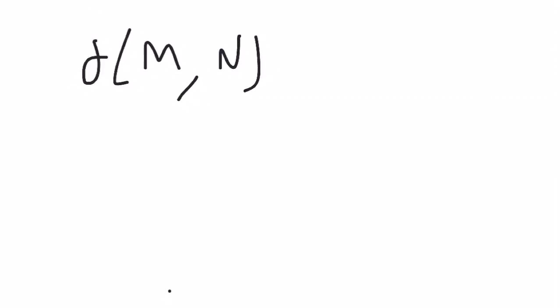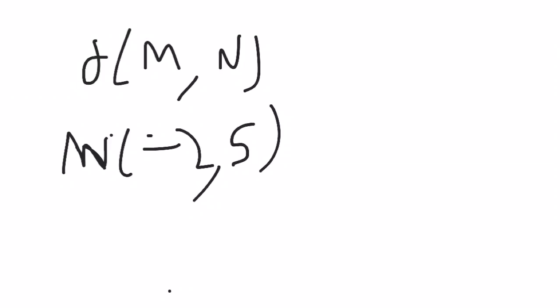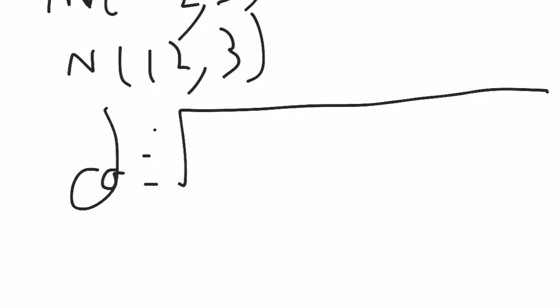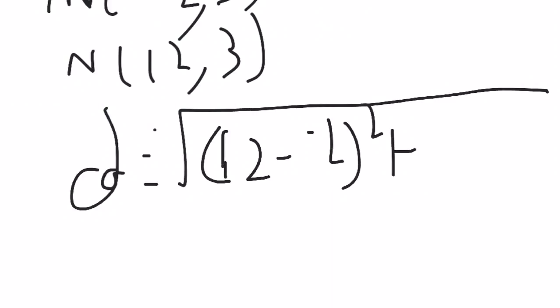Remember, point M was -2, 5. And point N was the point 12, 3. So if you plug that into the distance formula, it'd be the square root, subtract the x coordinates, 12 minus -2 squared, plus subtract the y coordinates, 3 minus 5 squared.